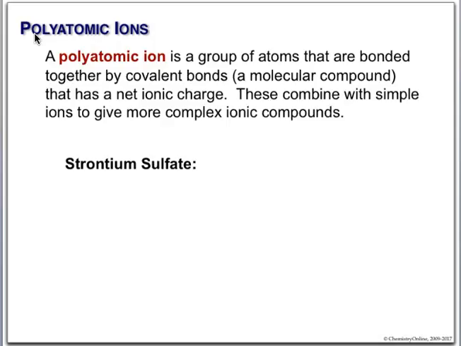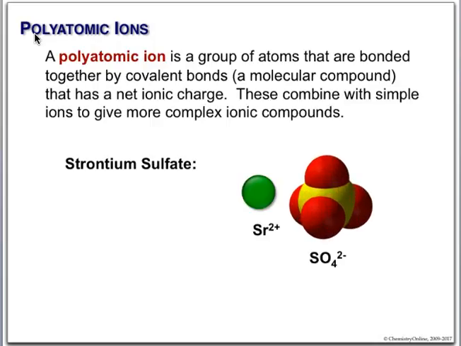As an example here, I have strontium sulfate. Now strontium, over here in the periodic table, right there, Sr, it's in our second group, is going to form a dication, Sr2+.